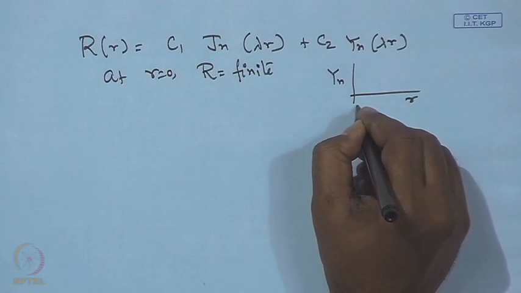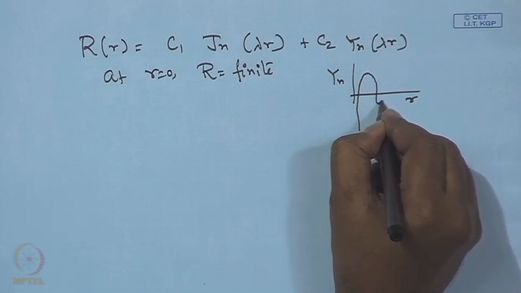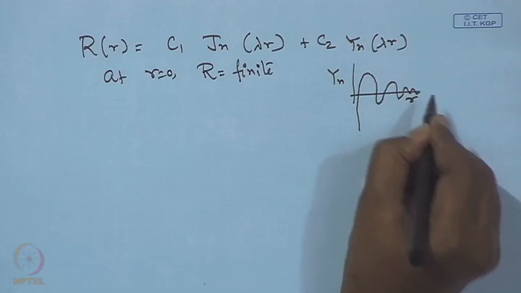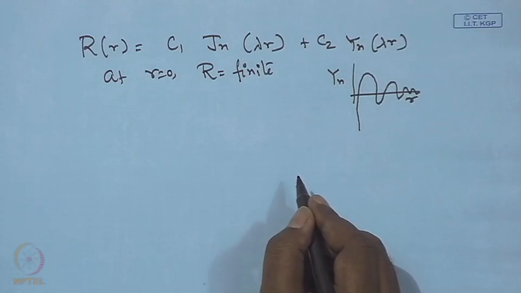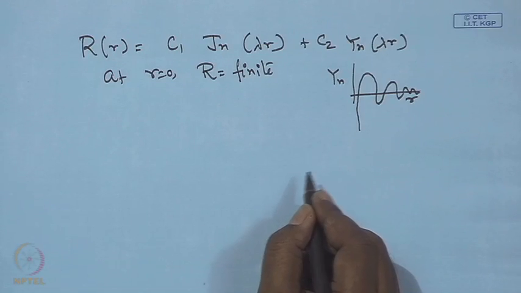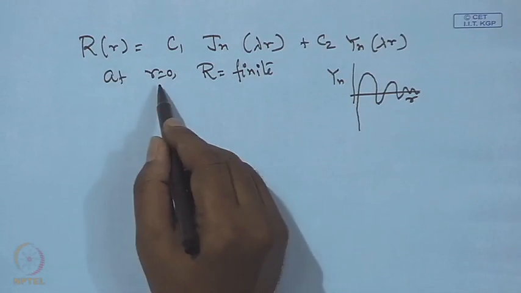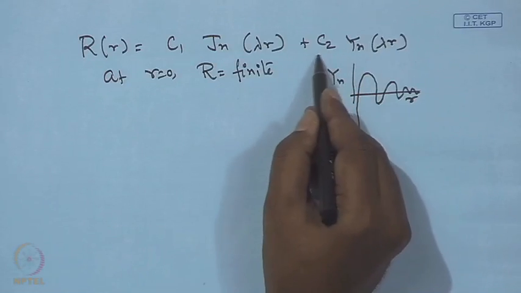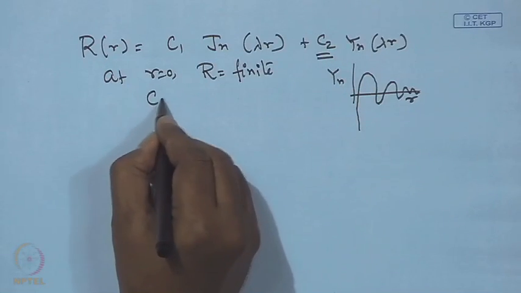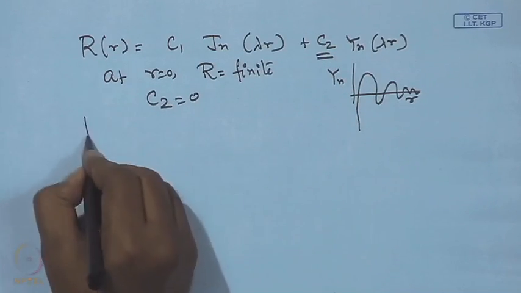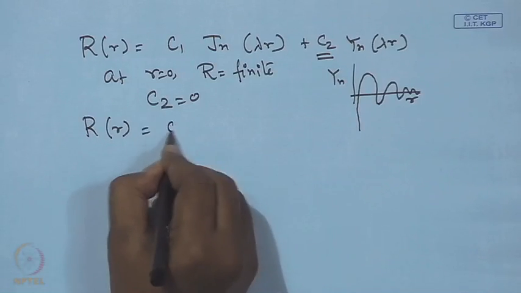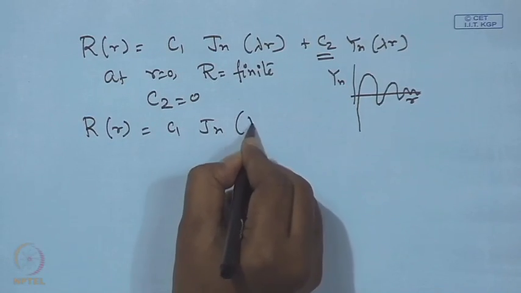It increases from infinity and then it oscillates about the r axis with a diminishing magnitude. Therefore, to have a finite value of R at small r equal to 0, the associated constant must be equal to 0. So, C 2 equal to 0, and we have the solution as C 1 J n lambda r.